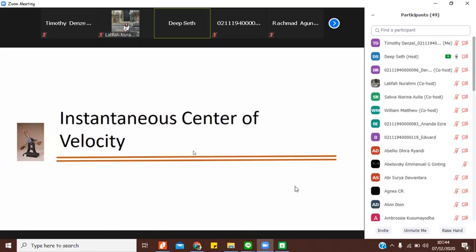Okay, so now we will talk about instantaneous center of rotation, or you can say instantaneous center of velocity. These terms are actually defined as the point of rotation for any link. In general, the motion of any link in a mechanism is neither purely translational nor purely rotational.